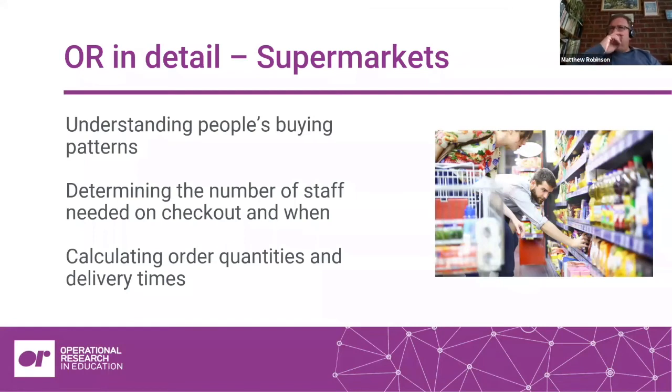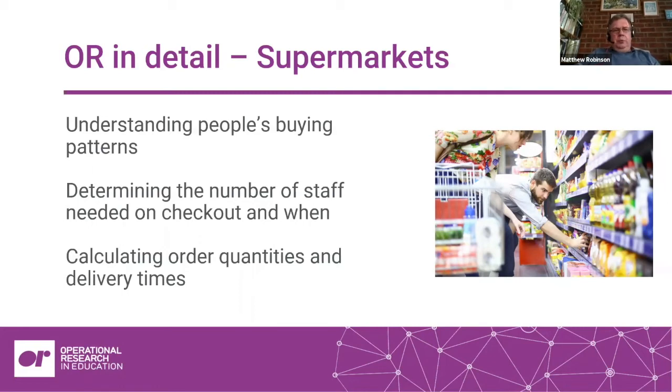But if they're trying to keep their costs down, they don't want checkout people working if nobody is going to the checkouts. They don't want all their checkouts fully manned if the store is going to be very quiet. So they're looking at data, trying to understand what times people are buying.